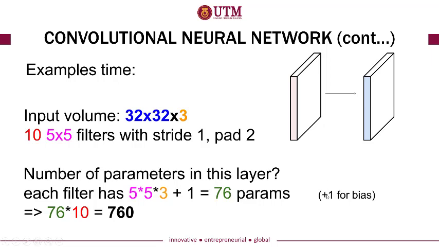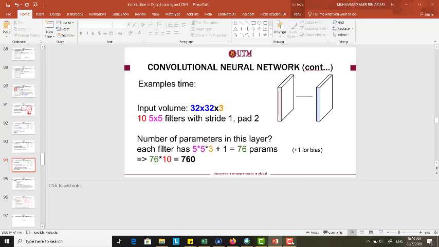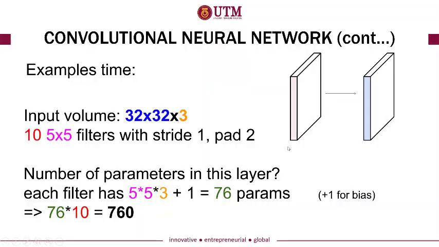The parameters here mean that the question asks you to count the number of W as well as B, the weight and the bias involved in this convolutional layer.